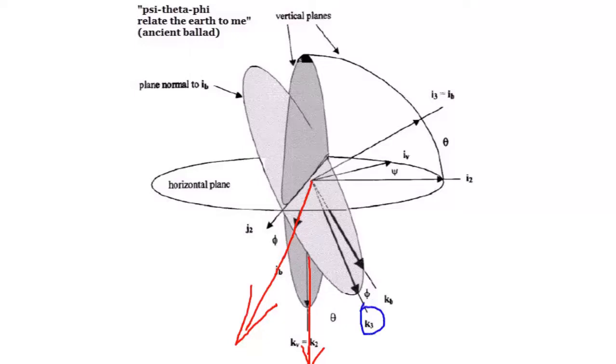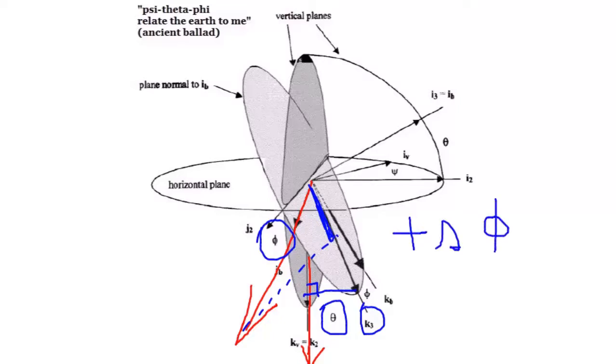So if I drop the perpendicular from JB to K3, that's going to be minus the sine of phi. The minus the sine of phi is going to get projected through theta onto K3, projected onto K2 is going to be cosine theta. So this is going to be minus sine phi cosine theta.